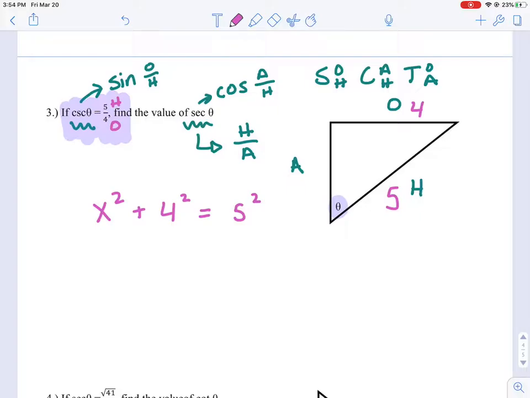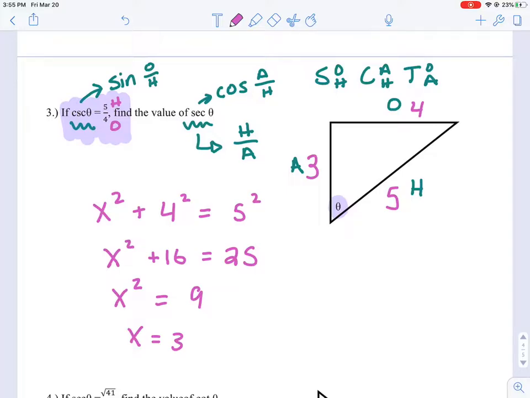Again, your hypotenuse has to be on the side by itself. The other 2 sides, it does not matter where they go. So x squared plus 16 equals 25. And I'm going to continue to solve this, and I get 3.